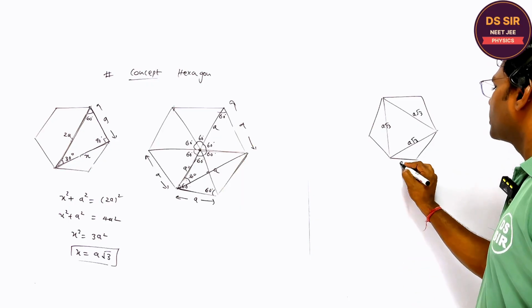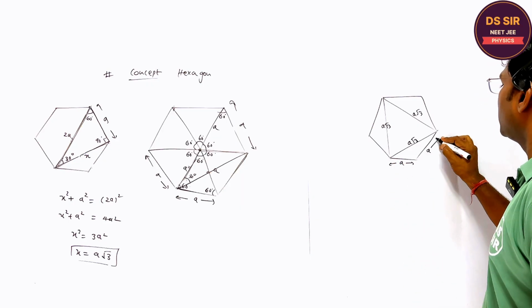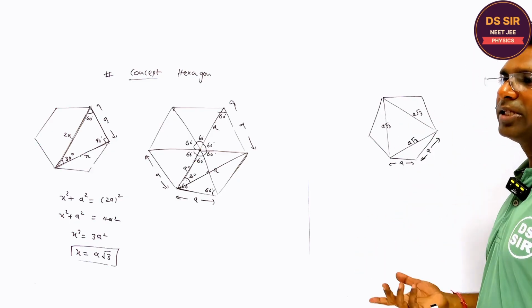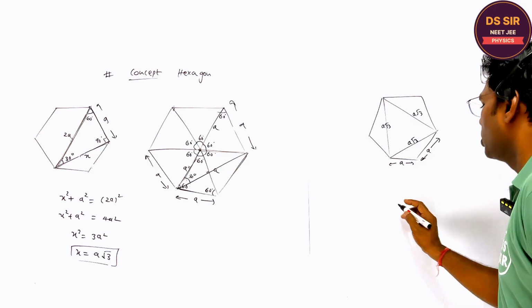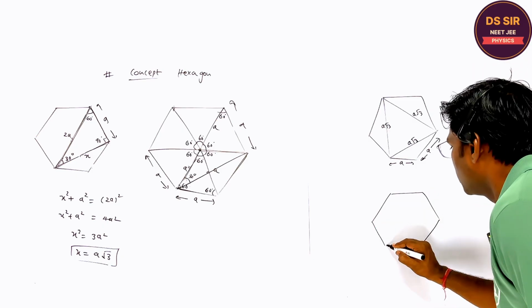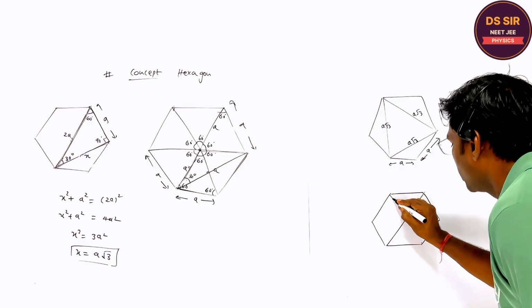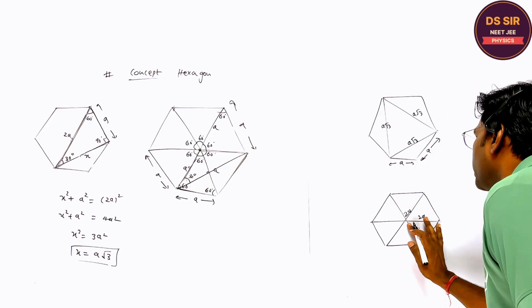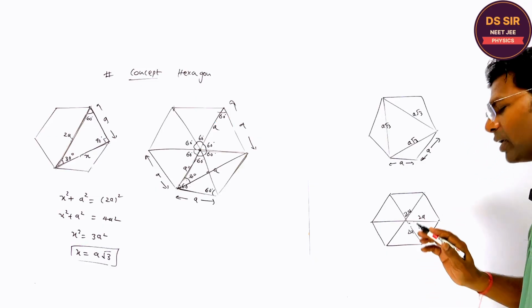Is it clear? If the side of the hexagon is A, this diagonal length is a root 3. And also, if this is the hexagon, this is equal to 2A, this is equal to 2A, this is equal to 2A. Vrinda, you are getting this thing or not?